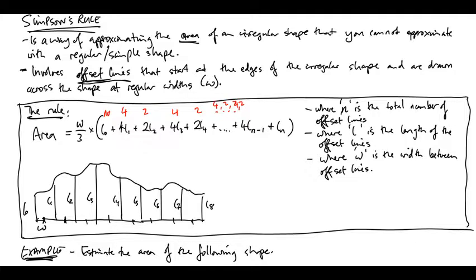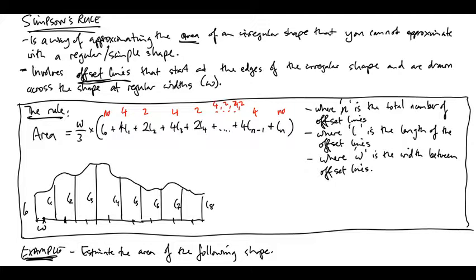Okay, that's going to continue, but you need to ensure that when the pattern ends there is no number to multiply Ln by, the very last offset line, and the second to last one has to be 4.